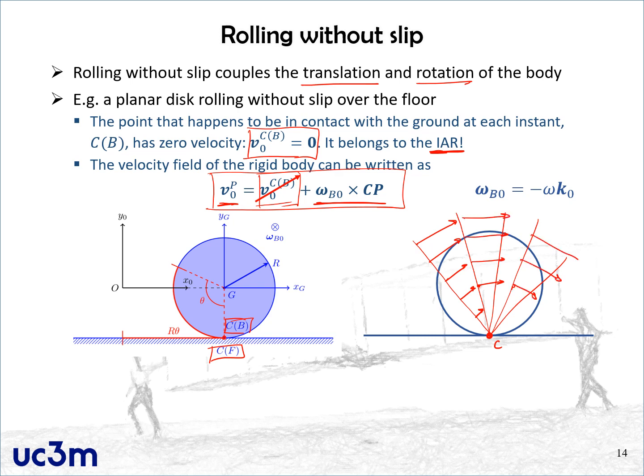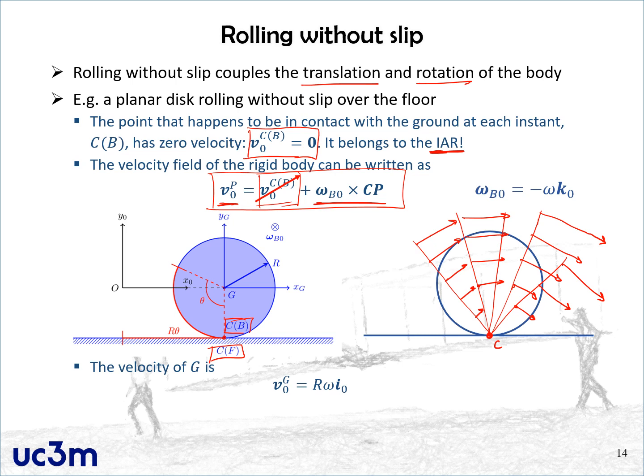The farther away you are from C, the bigger these arrows become. At any instant of time, this is the instantaneous photograph of the velocity field of your rigid body. Of course, as the body moves, the point C will be another one, and the velocity field will be identical to this one, but about that new point.